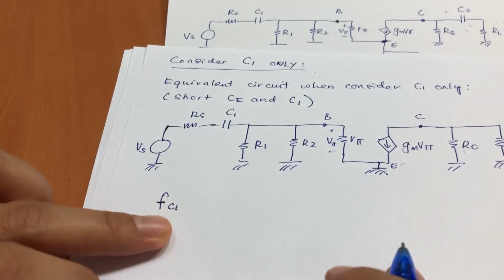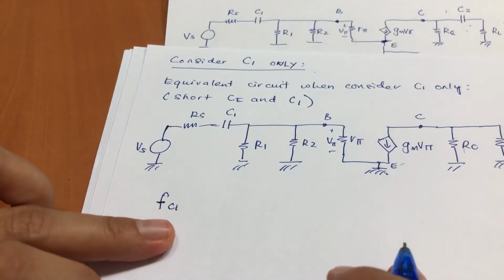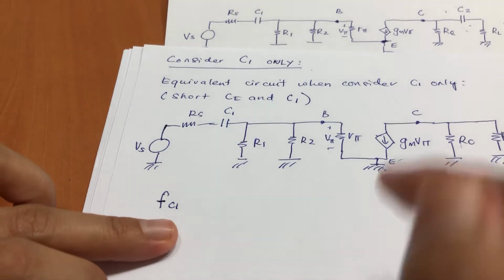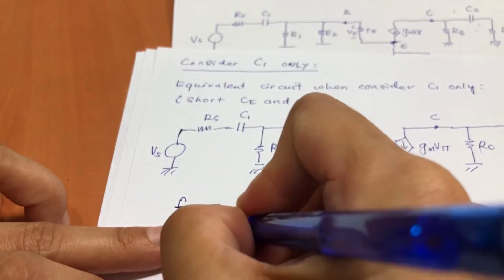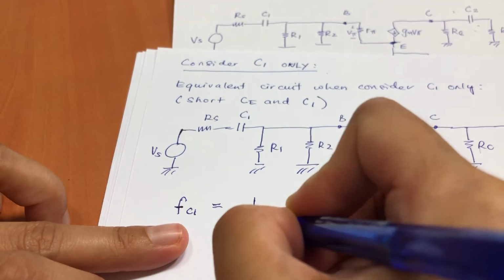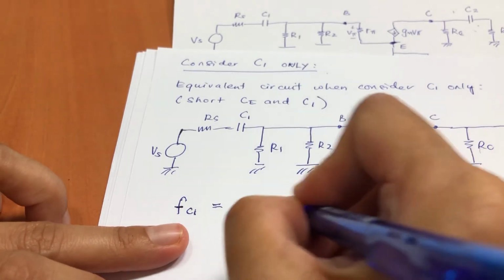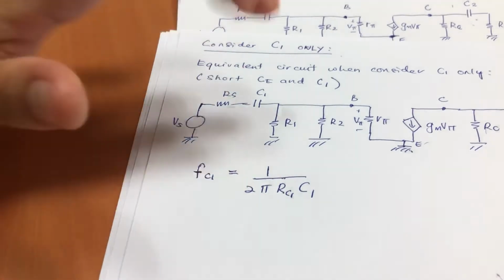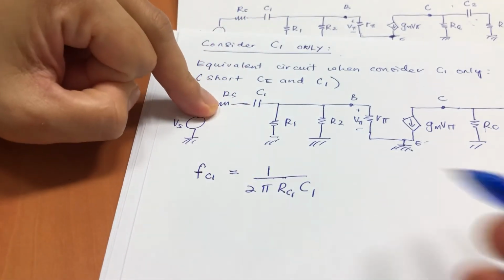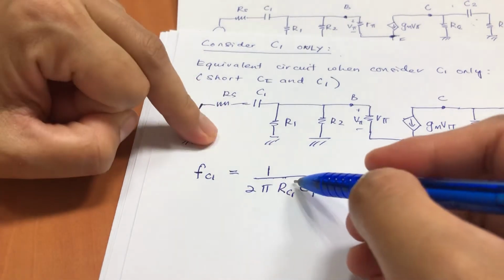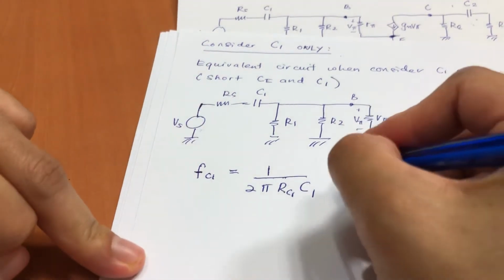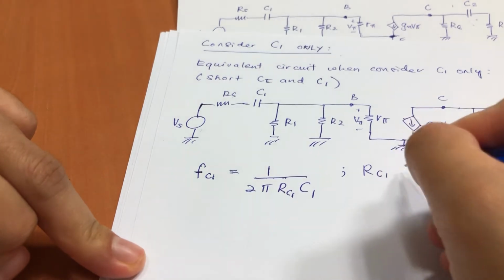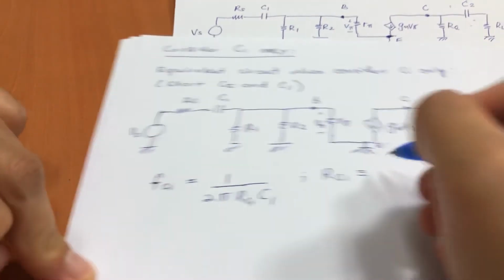The low cutoff frequency looks like a high pass filter, and the cutoff frequency F equals 1 over 2 pi R C1. Now, from this circuit, what we want to find is RC1.